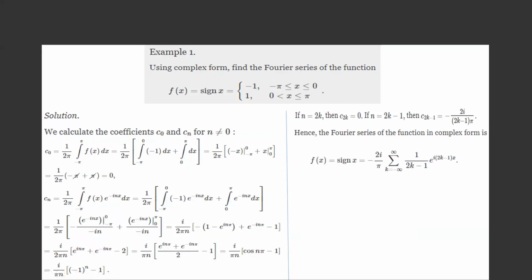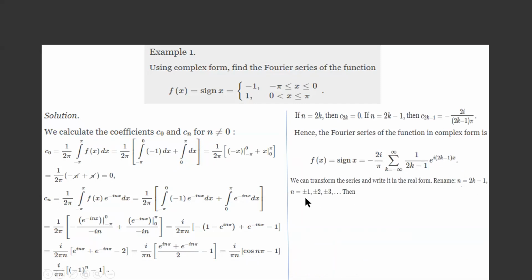It is very simple, very easy. The main thing is, you don't have to get three coefficients. You will find only one coefficient, which is Cn. Remember, you will have n as an odd number, not even, but you can get back to all the integers, positive or negative, by changing this 2k minus 1 into n.